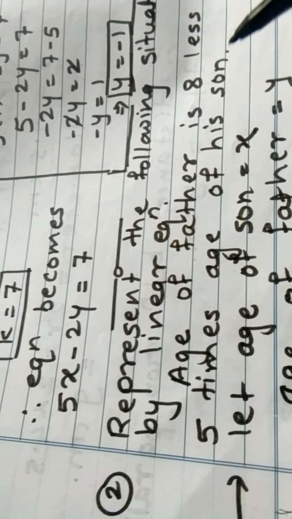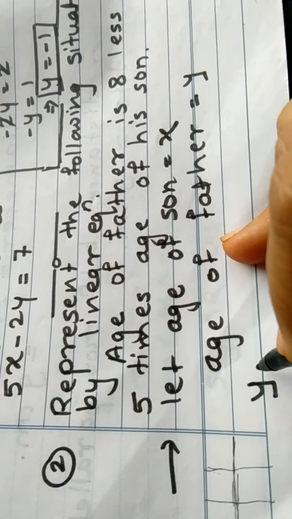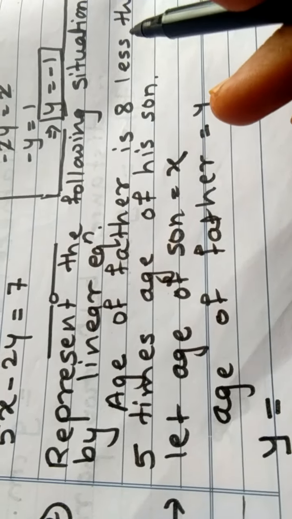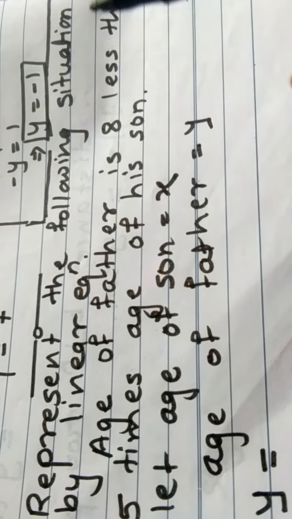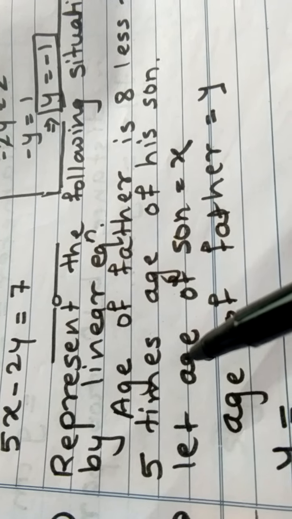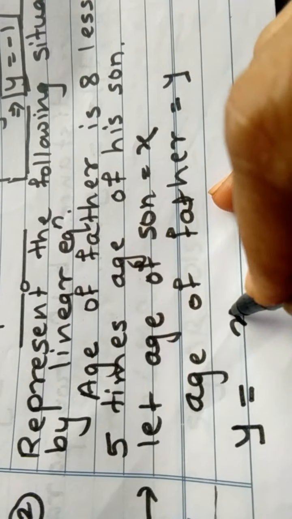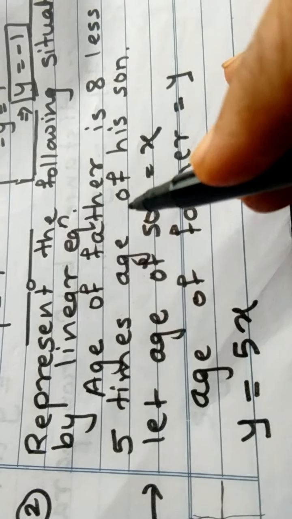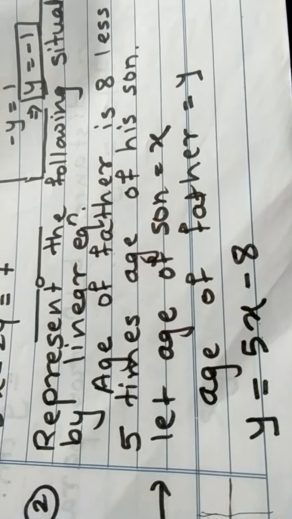By given condition, age of father y is equal to, age of father is 8 less than, means we have to subtract the 8, less than 5 times age of his son. What is the age of son? x. What we have to do? 5 times. And 8 less than means 5x minus 8.